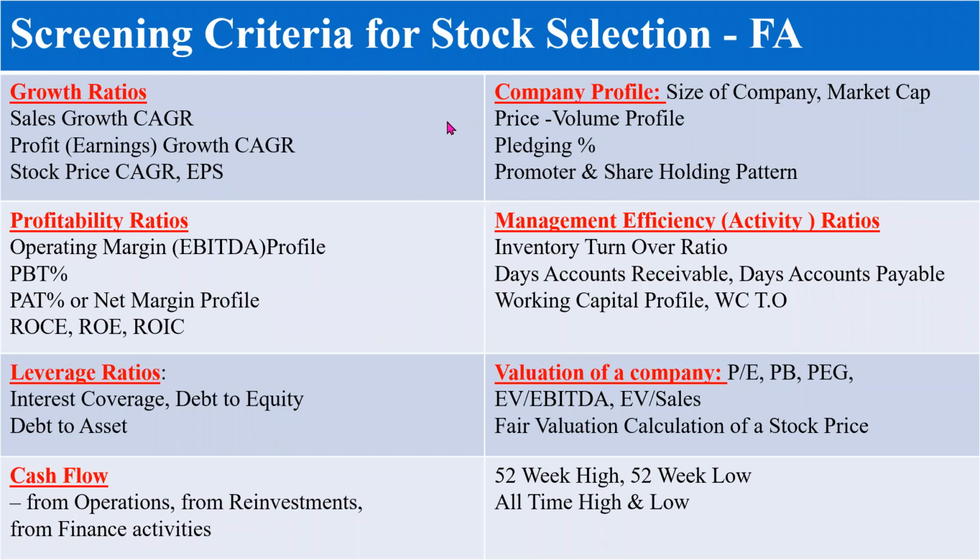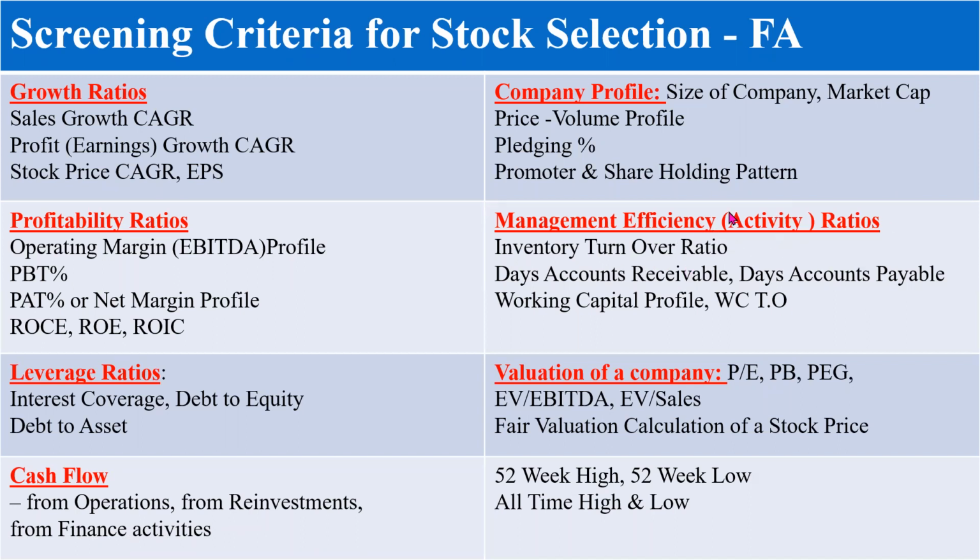So these are the ratios one should look at. Today we'll be looking at the growth ratios and the profitability ratios. This is the overall picture which you can understand from your annual reports, the balance sheet, P&L and cash flows.